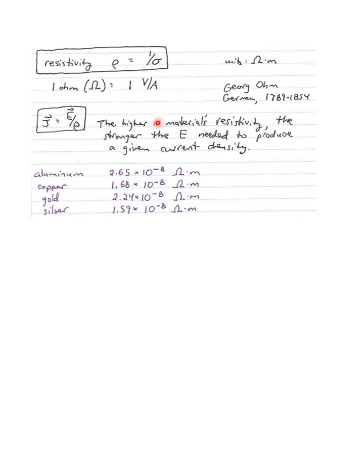And now let me introduce to you officially what an ohm is. It's named after George Ohm. He was a German scientist who lived between 1789 and 1854. An ohm, we use the symbol omega.